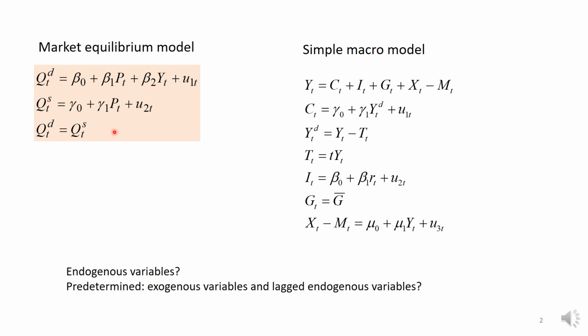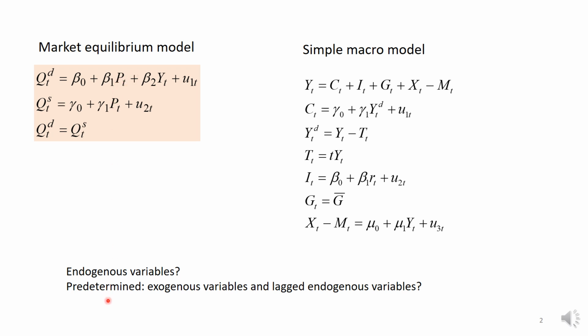So in this case, what would be the endogenous variables, and what would be the predetermined variables, which consist of the exogenous variables as well as your lagged endogenous variables? The endogenous variables for this market equilibrium model will be your quantity demanded, quantity supplied, as well as your price.